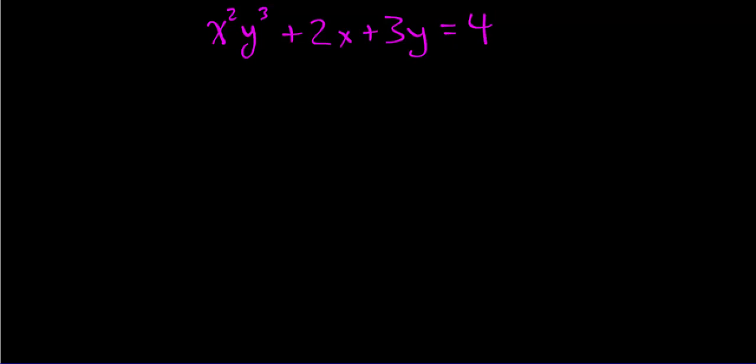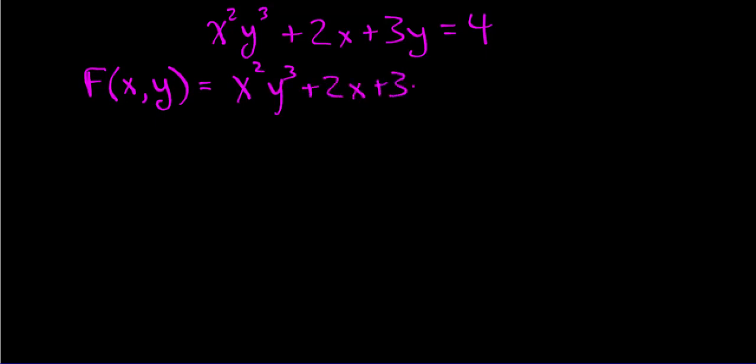And I'm going to rewrite this as f of x, y is equal to x squared y cubed plus 2x plus 3y minus 4 equals 0. So let me do that. I'll just say this is w here.